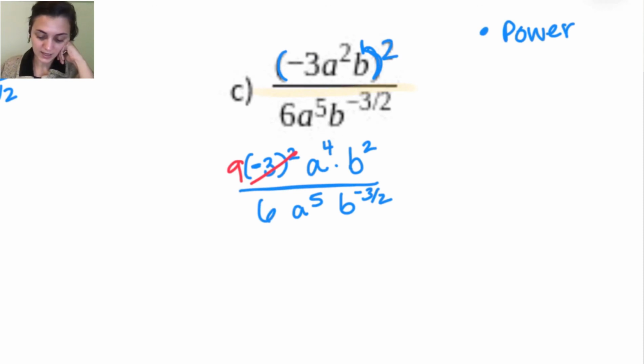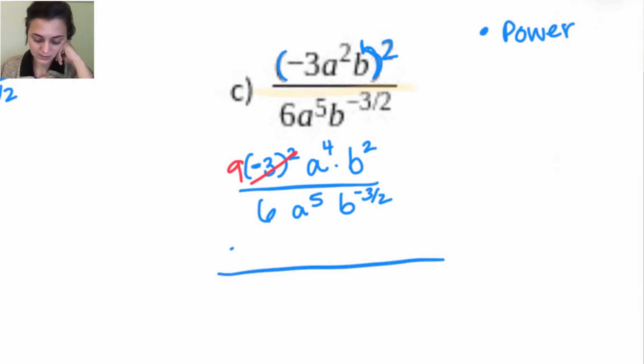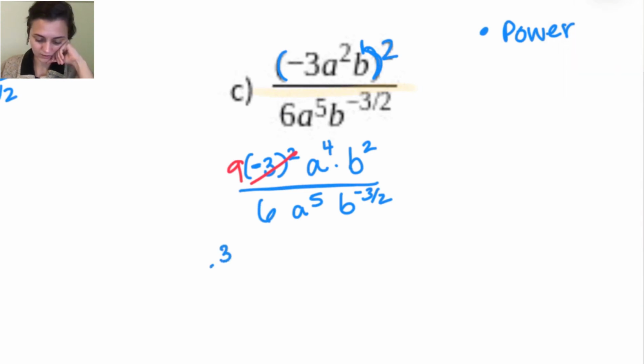And then I see that I can simplify that. I know that 9 divided by 6 is 3 halves. I'm going to write it a little different though. I'll just write it like that, 3 halves. Cool. And then I can just use the quotient rule here, there and there.